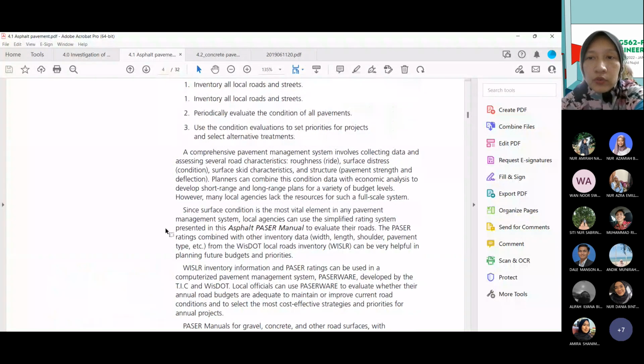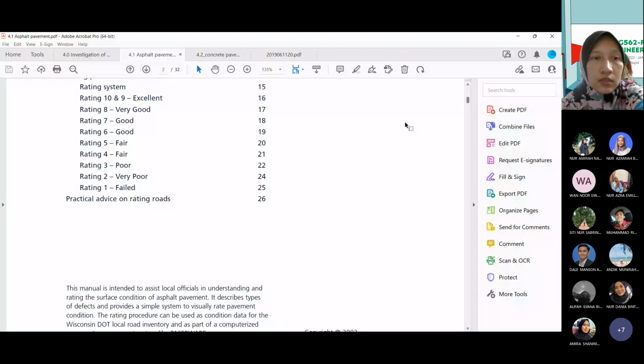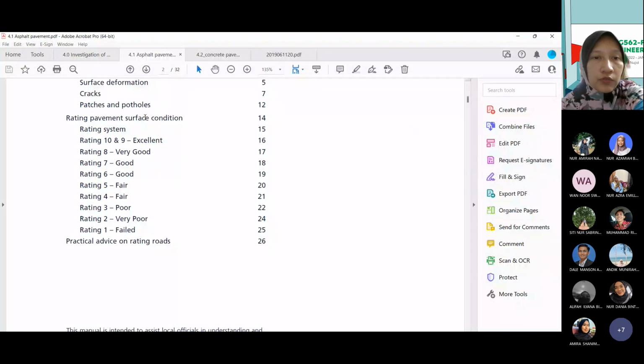I mean, if you go into details, you can see the rating of pavement surface conditions, which we can rate from 1 to 10. From 1 to 10 here, indicating either we have the surface in failed condition or in good condition.